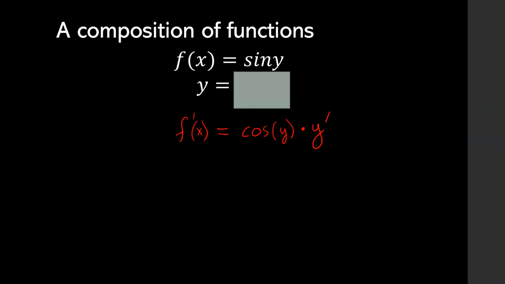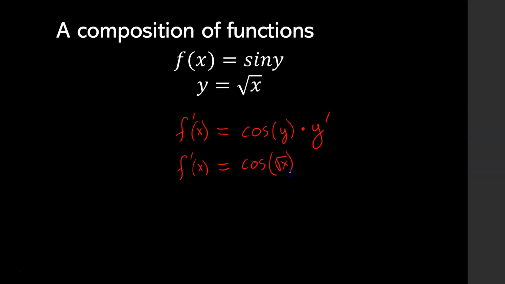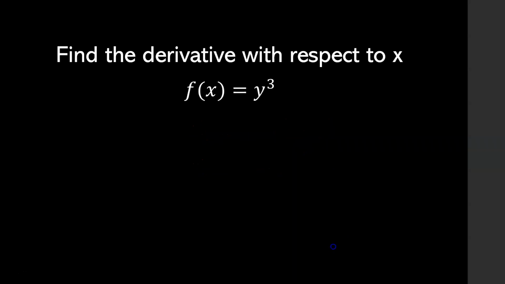What's underneath that gray box? Oh, it's the square root of x again. Knowing that, what would we have done? Well, we left instructions to ourselves. If you knew what y is, that y would be inside of cosine. So square root of x goes inside of cosine. And if you knew what y is, you'd multiply at the end by the derivative of y. And we can do that now.